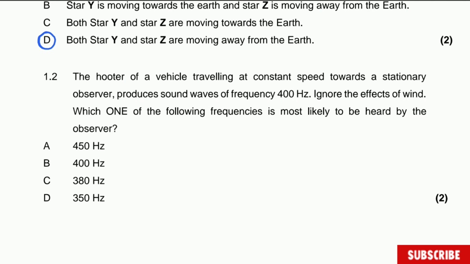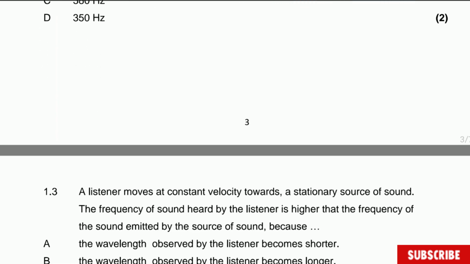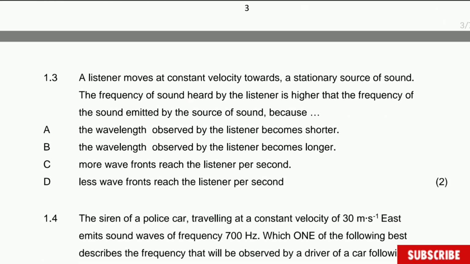Now, if the vehicle is traveling towards the stationary observer, the frequency detected by the observer must be higher than the actual frequency. So from all these options, the only one that is higher is A, and that is the correct answer. So there is always a higher frequency as it's moving toward. It's very simple.